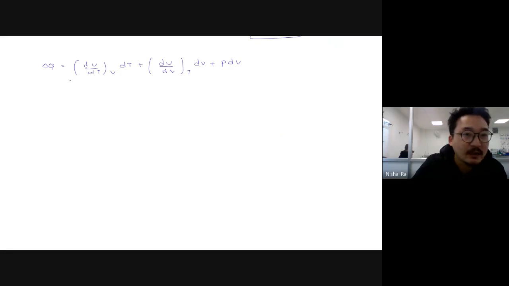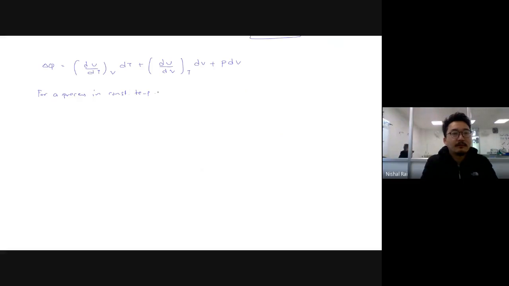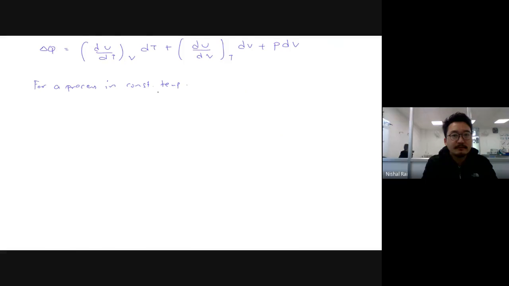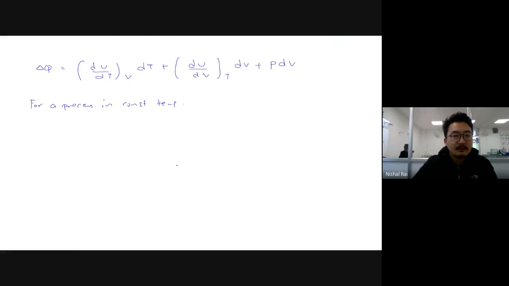Now for a process at constant temperature, dT should vanish because there is no change in temperature.